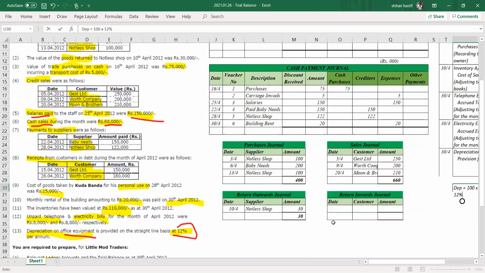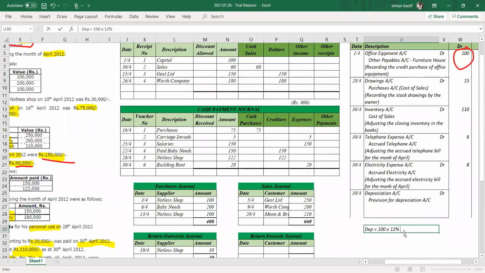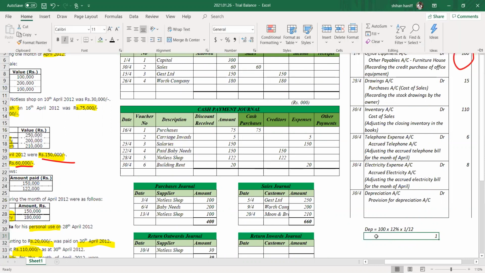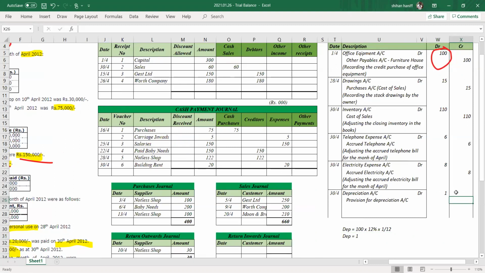Yeah. So we are preparing this only for 1 month. So multiply by 1 over 12. So 100,000 into 0.12 divided by 12. It's only 1,000.